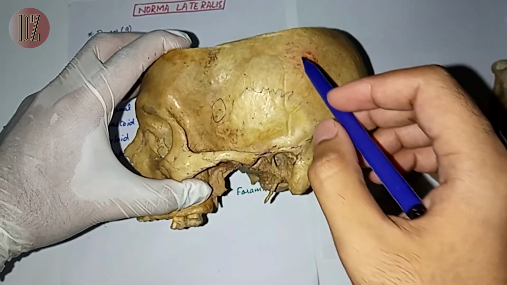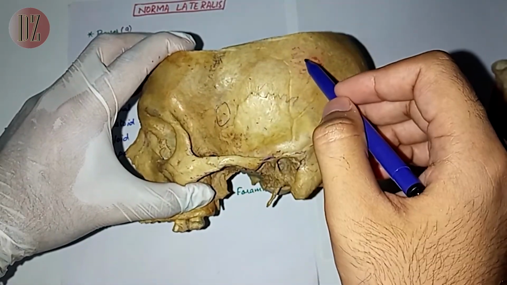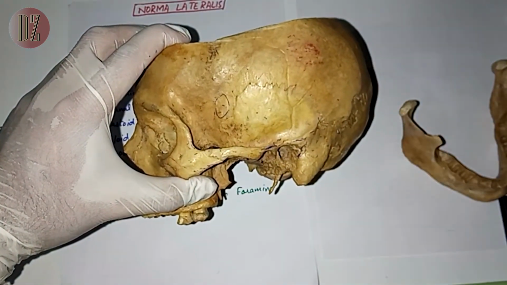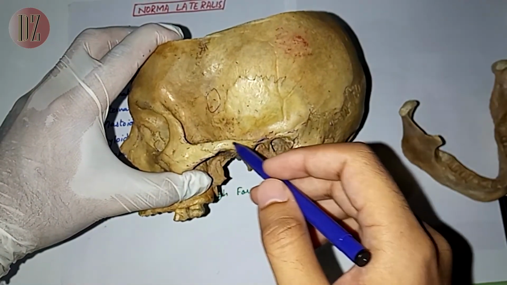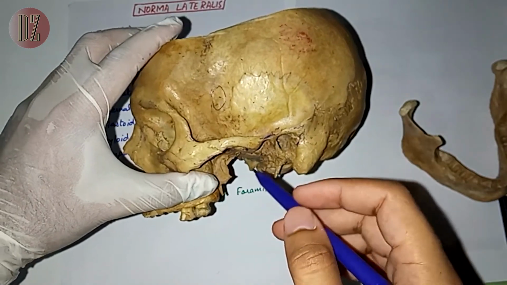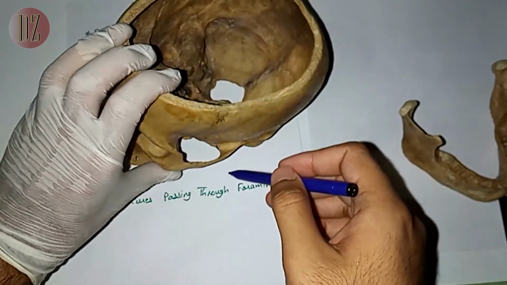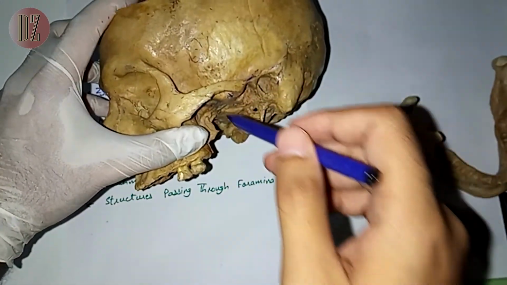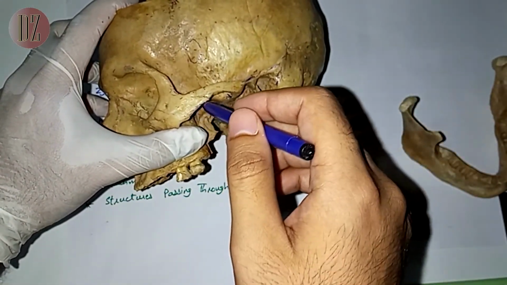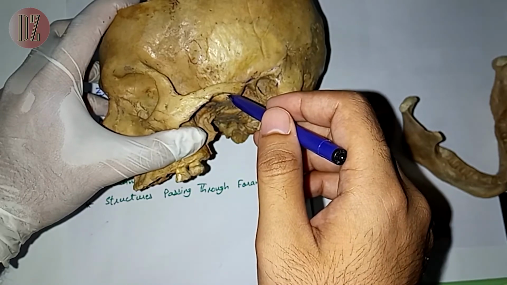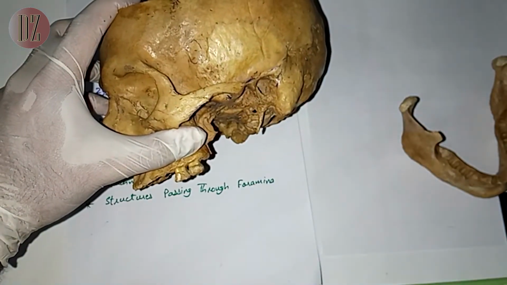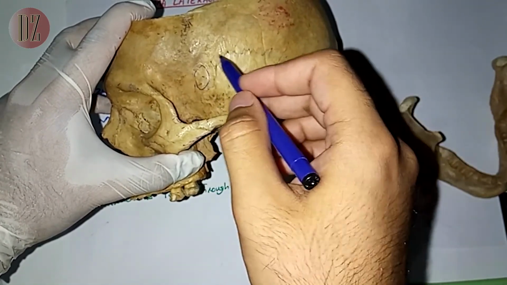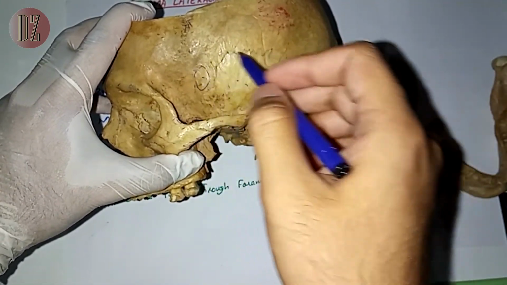The temporal fascia is attached above on the superior temporal line, and below on the zygomatic process and upper border of the zygomatic arch, and on the medial surface of the zygomatic arch, and on the lower border the muscle attaches which is called the masseter muscle, and from the whole of the temporal fossa the muscle originates.